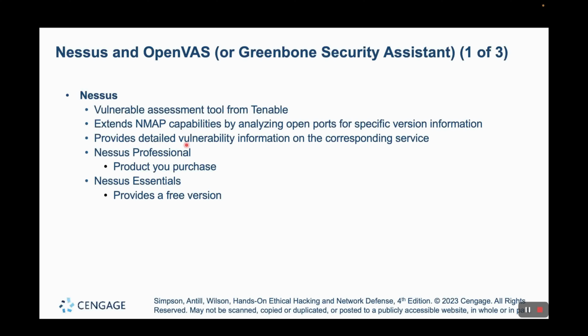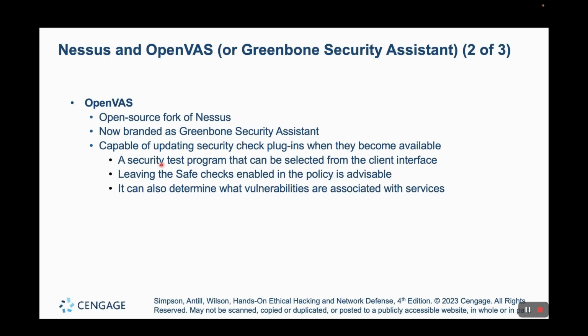It provides detailed vulnerability information on the corresponding service. There is Essentials, which is a free version. You can download it and play with it and use it to learn about important features. But the professional will give you much more options.